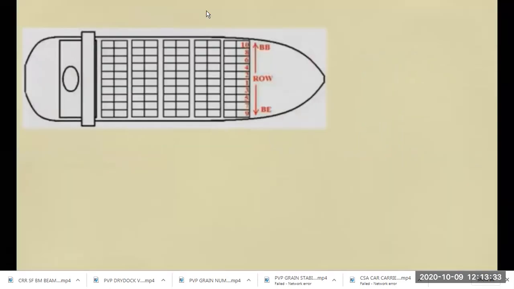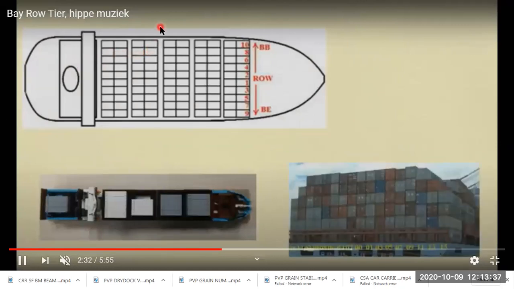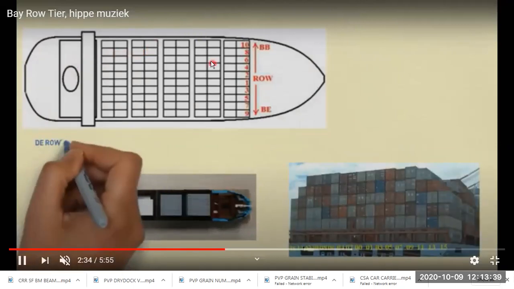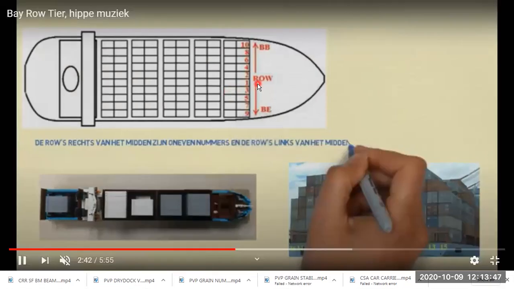So let's see the example. Now the rows are marked from center line, as I told you. So this is how the rows are marked, from center line. Starboard side is odd numbers: 1 first row, 3rd row, 5th row.